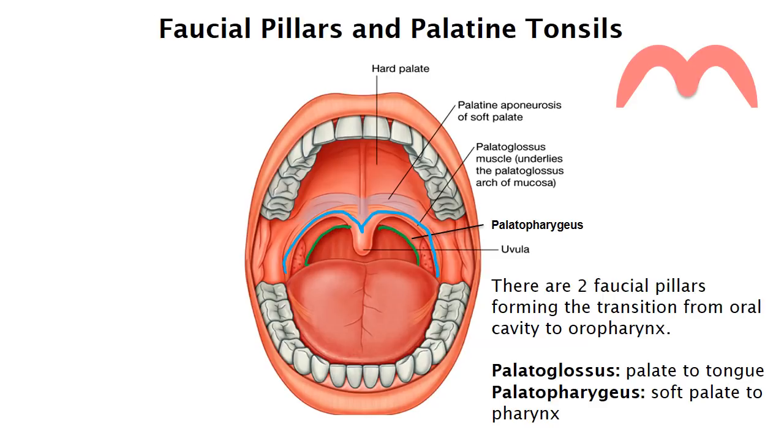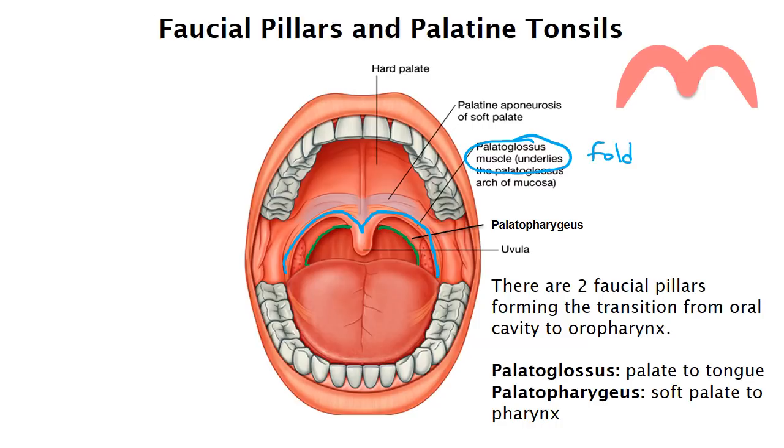The anterior arch is formed by the palatoglossal muscle, which helps to form the palatoglossal fold. In other words, the palatoglossus muscle is in the palatoglossal fold.